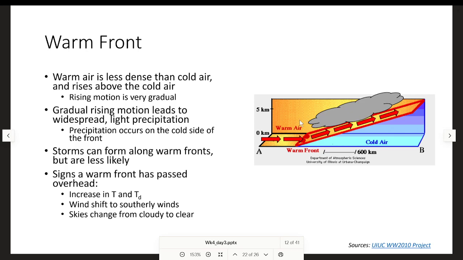Storms occur on the cold side of the front usually, this precipitation. They can form along warm fronts, but it's less likely.